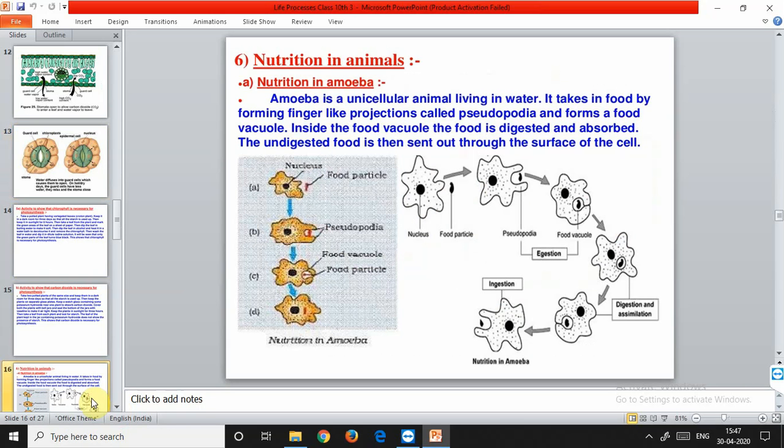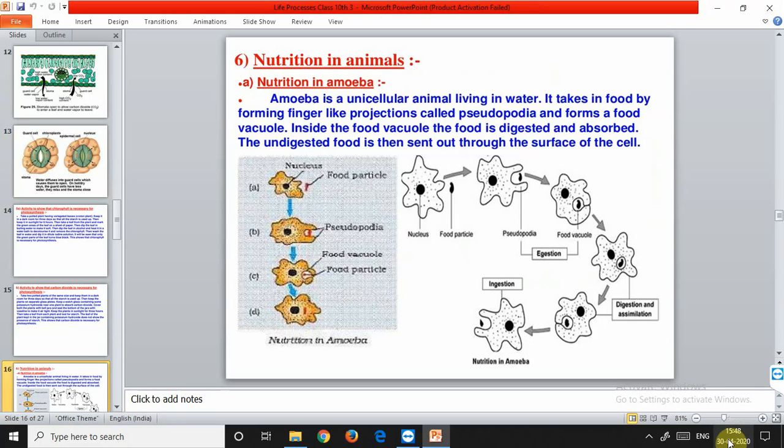So the basic steps of nutrition were similar in all animals, but first we discussed the nutrition in lower animals, which includes amoeba. We all know that there is a difference in cellular organization in unicellular as well as multicellular organisms. That means if a unicellular organism is there, then all of its work has to be done by the single cell itself.